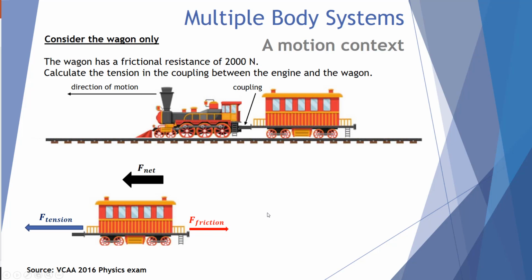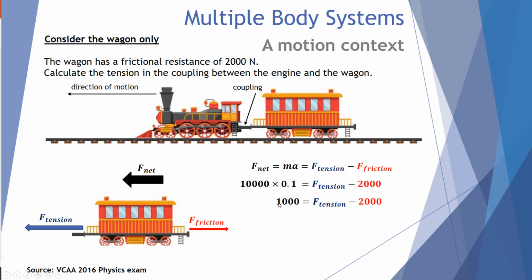So let's look at this as an equation. We know that the net force to the left is the product of the mass times acceleration. And it's equal to, if you like, the tug of war of the blue to the left and the red to the right. So the tension is pulling to the left and the friction of the system is pulling to the right. So the mass of the wagon was 10,000 kilograms. Its acceleration was 0.1. So it comes out to a net force of 1,000 newtons to the left.